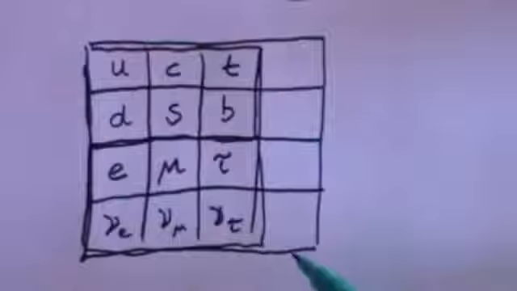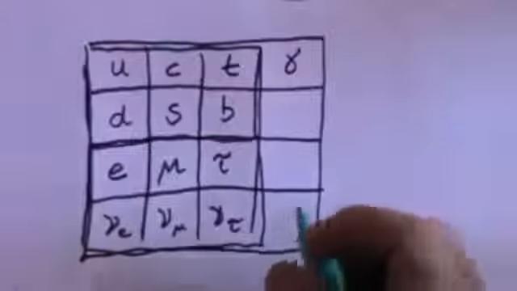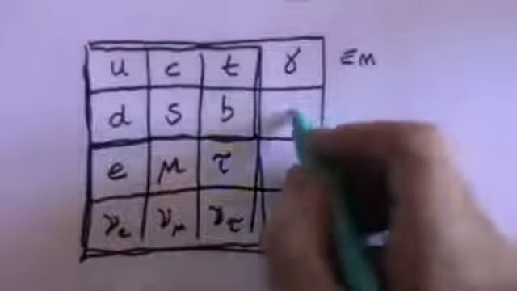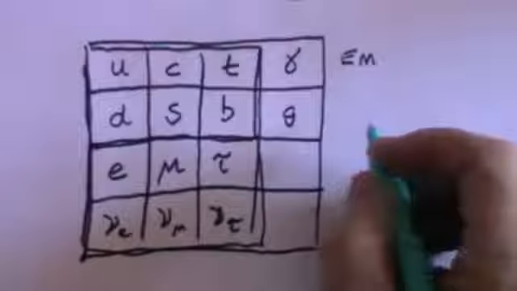The right-hand column is reserved for what's called the bosons, the gauge bosons, the exchange particles, the force carriers. We dealt with those, for example, in the last video. The photon, which is the force carrier for the electromagnetic force. The gluon, which is the force carrier for the strong nuclear force.